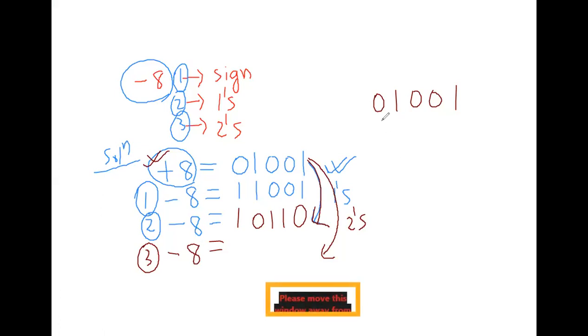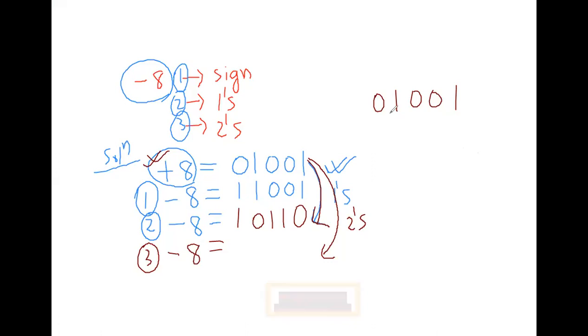For one's complement you have to consider +8 first. From +8 you have to find out the one's complement. Then for 2's complement also from +8. So before going to -8, you need to first find out what +8 is. Then only you can find out.